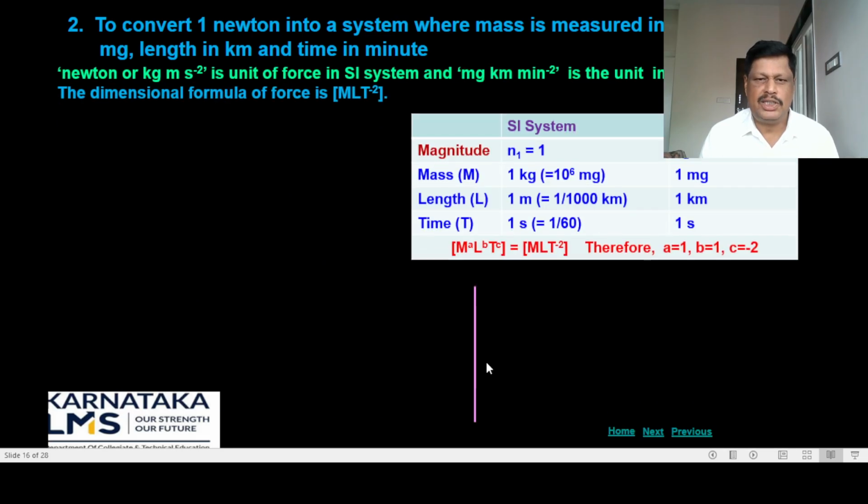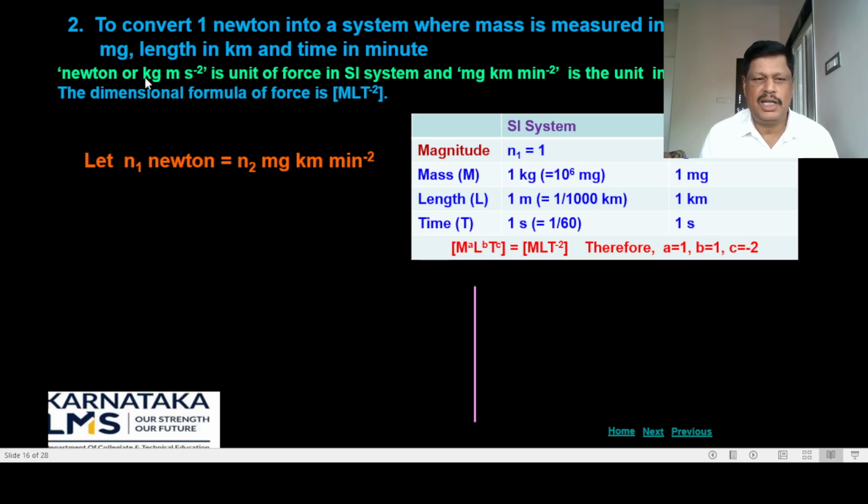Second application is to convert 1 Newton into a system where mass is measured in mg, length in kilometer and time in minute. So Newton is represented by mass into acceleration. For mass kg, acceleration meter per second square.